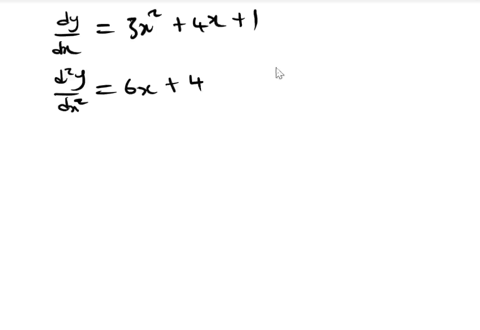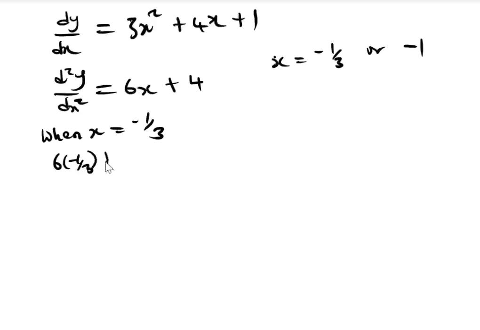And we have the values of x to be minus 1 divided by 3 or minus 1. So substituting when x is equal to minus 1 divided by 3, we have 6 into minus 1 divided by 3 plus 4, and this will be minus 2 plus 4, which is plus 2.